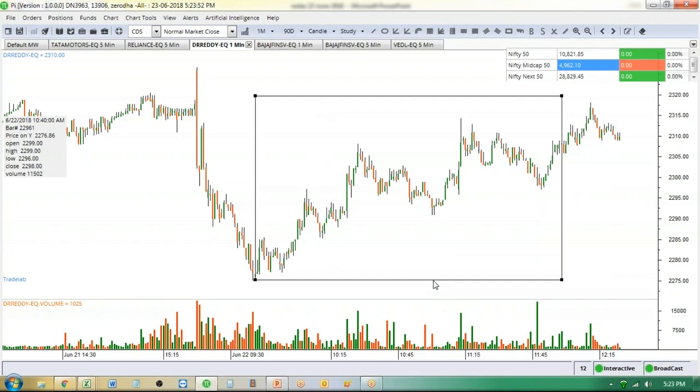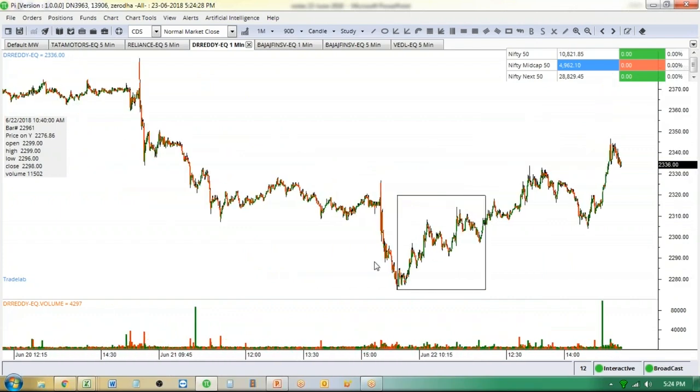So don't trade boxes which are too big, which are beyond your appetite of stop loss. A favorable stop loss is that if you're making an entry here, then at least your stop loss is below this box. The trades which have this kind of property are the best trades to do. And you will never keep your stop loss more than 0.5%.